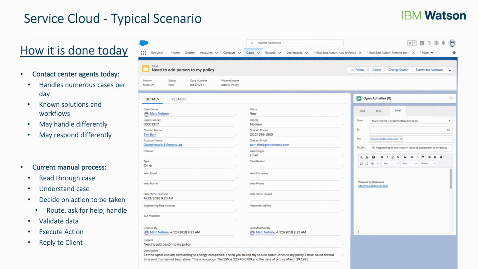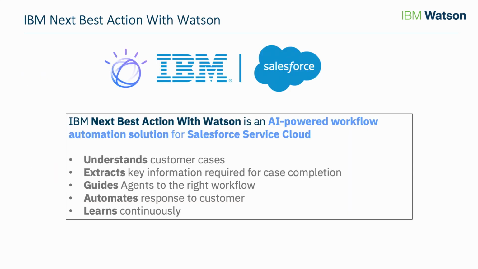Mundane in some senses. So the first thing we're going to show here is our solution called Next Best Action with Watson. The beauty of everything you're going to see today is everything was built on the Salesforce platform. We're going to talk about how we leveraged the Salesforce Lightning platform in just a few minutes. And Next Best Action with Watson, the goal is to help your agents work more quickly and easily.